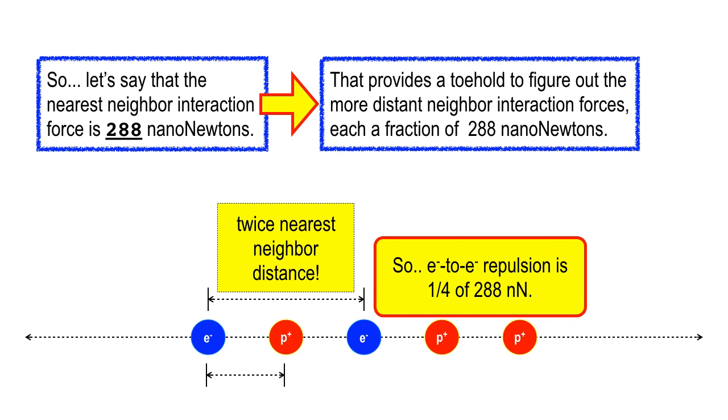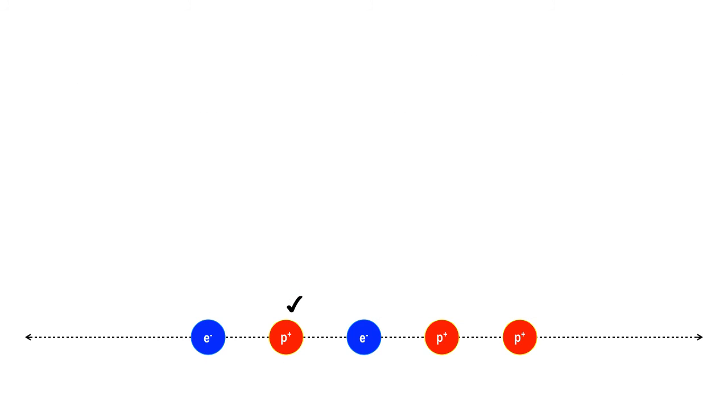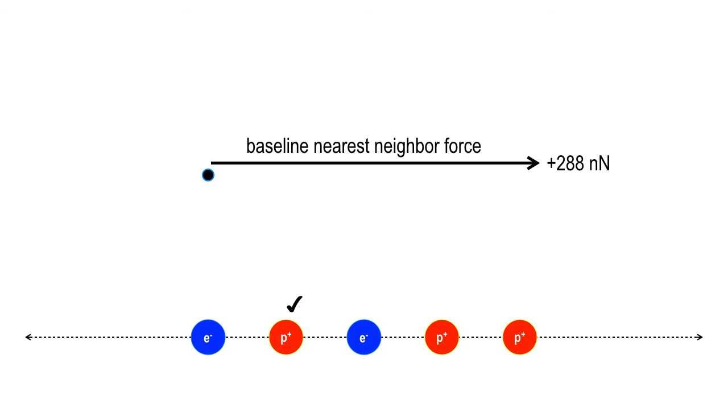All right, so let's just make a list of what we got here. So here's the first one, baseline nearest neighbor, rightward 288.